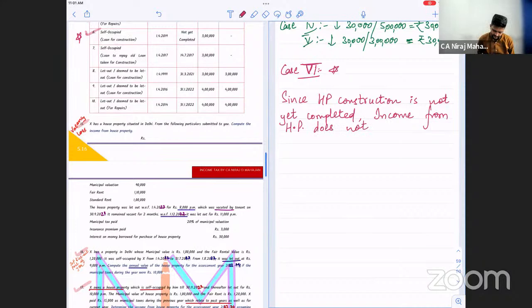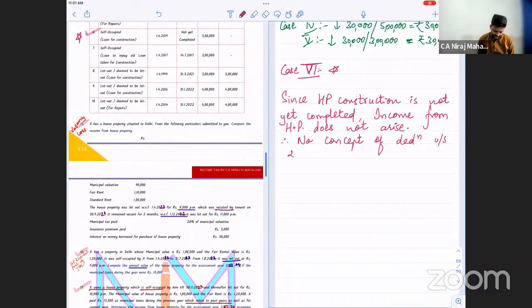Simple till here. Does not arise. Even if he had any other property, this property you will not consider. Are you getting my point? Therefore, no concept or no question of deduction.